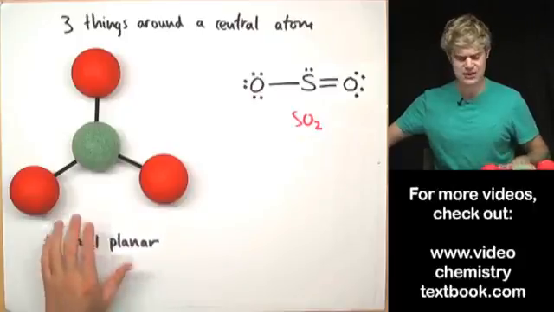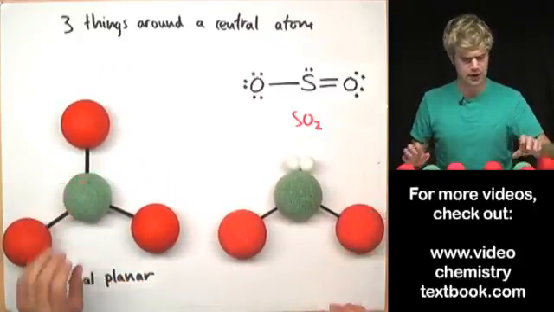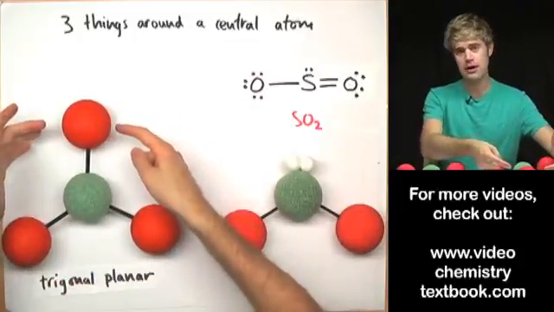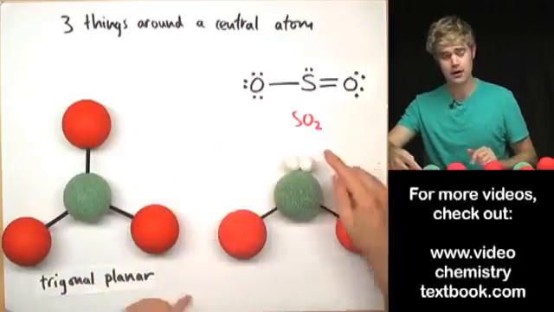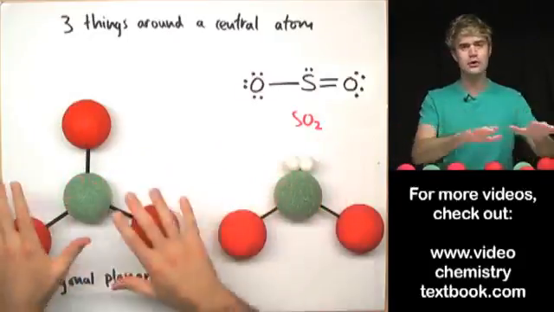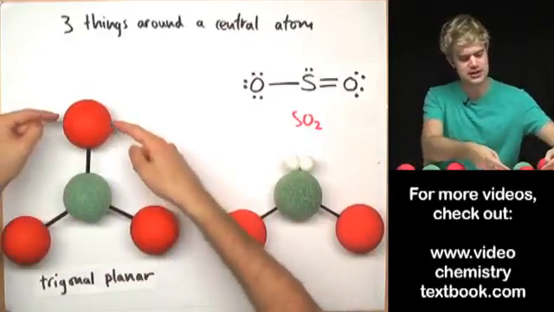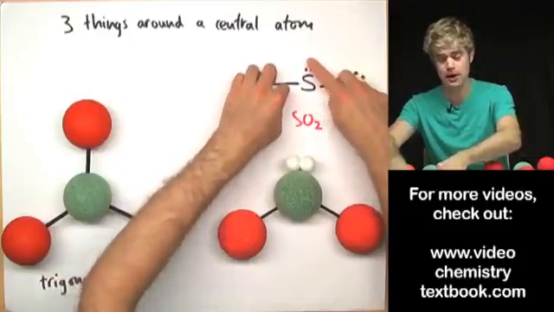Now, in SO2, we're going to get a shape that's very similar, except one of these atoms from the trigonal planar shape is going to have been replaced by an unshared electron pair. But otherwise, look at how similar they are, okay? It's atom, atom, atom, atom. It's just this atom here has been replaced by this unshared electron pair.